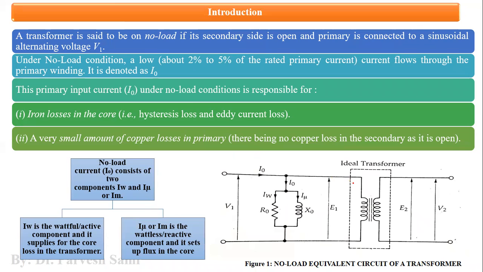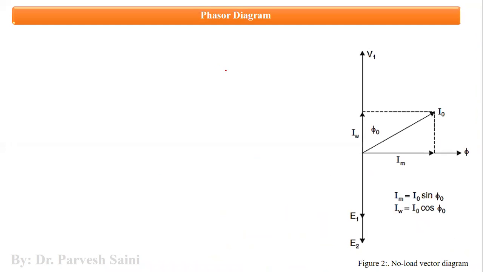It is the flux that flows in the iron core of the transformer and links the two windings mutually with one another.